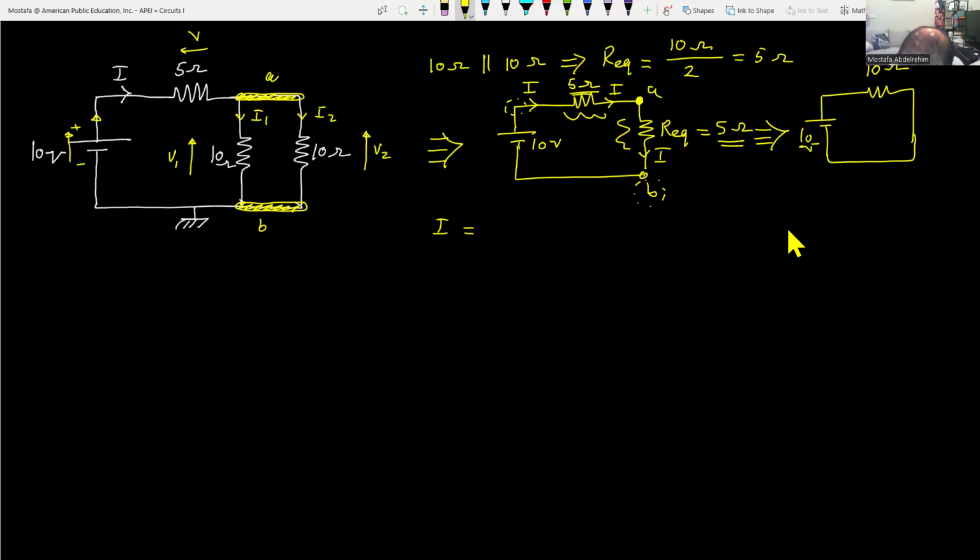So I is equal to 10 volt divided by 10 ohms. How could you know that the voltage of the resistance here is equal to 10 volt? Kirchhoff voltage law, or even the parallel connections. So two things we can do. Just this is on a side. I know this is very easy, but this is on a side.